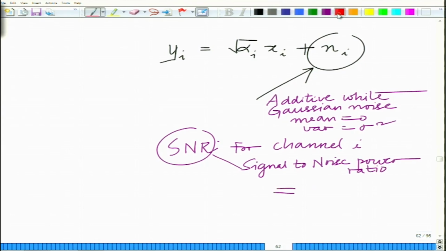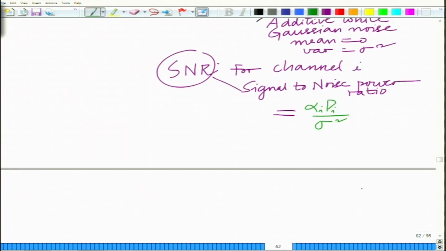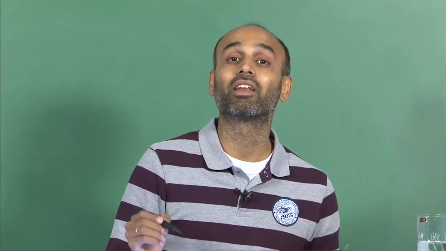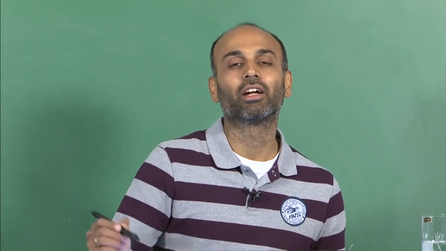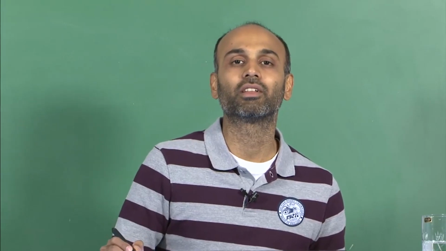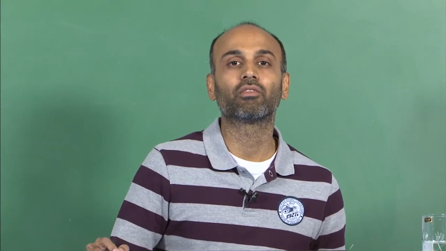This is equal to the received power alpha i Pi divided by sigma square. And now one can ask, corresponding to this SNR, what is the maximum rate, information rate, or the bit rate at which one can transmit over this channel, and we have a convenient formula for that, that is given by Shannon's formula for the capacity of the channel, or the maximum bit rate of the channel.